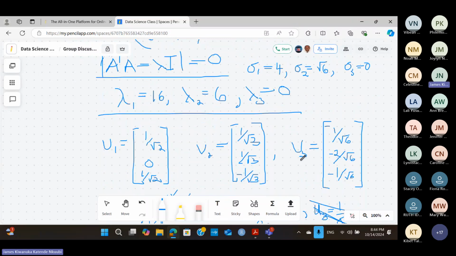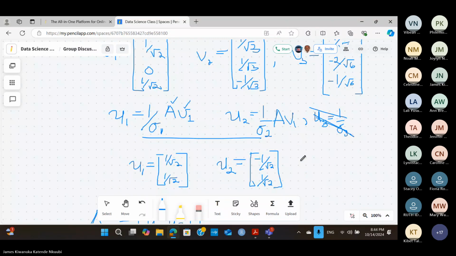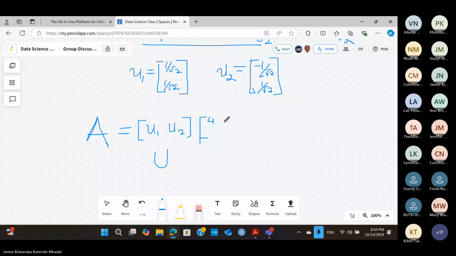So what we have is four and root 6, 0, and I think the last one now will just be a 0 column. Then on this side, we have the 3 by 3 matrix. Again, I won't write it in full.